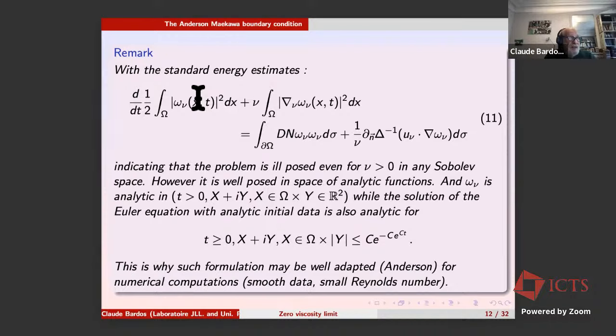And this is the comment I made at the bottom, which explains why this was introduced by Anderson.